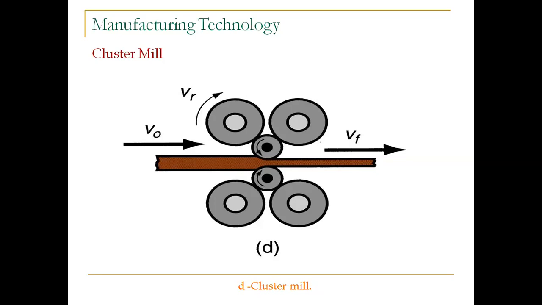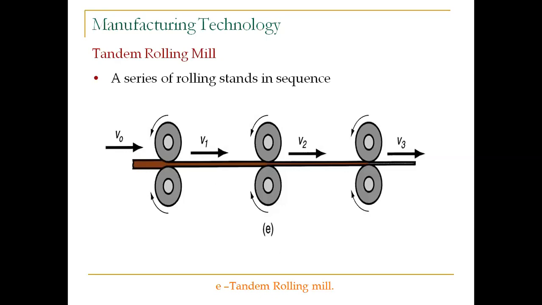So the thickness of the workpiece is reduced into thin parts and the length increases. Then there is the tandem rolling mill.